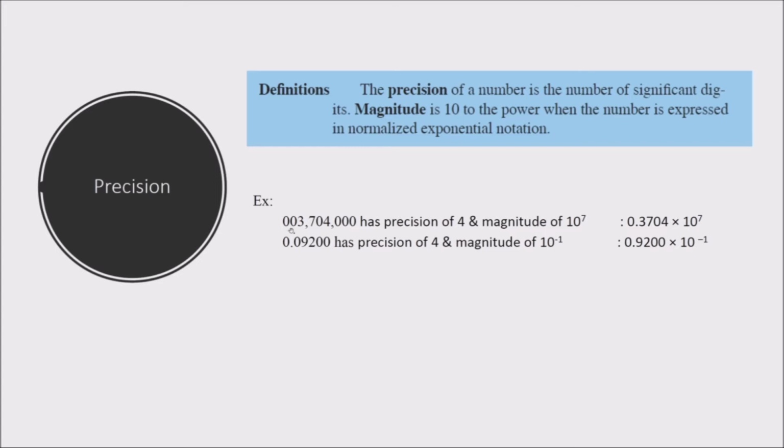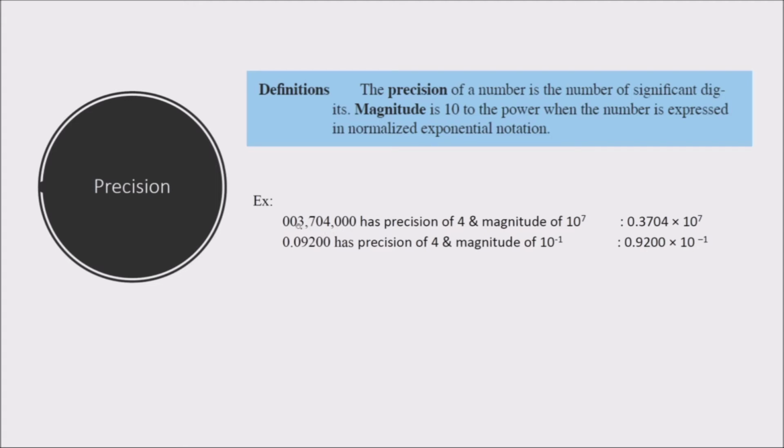So if I have this number right here, the precision of this number is actually 4, right? And the magnitude is 7. So what this means is, okay, so this is the value. If I want to write this in a normalized version of it, I put the dot in the front right here. I don't want to worry about the front zeros here because it doesn't mean anything, right? But the rest it does. So in that case, if I have a value like this, I can put a dot right here.